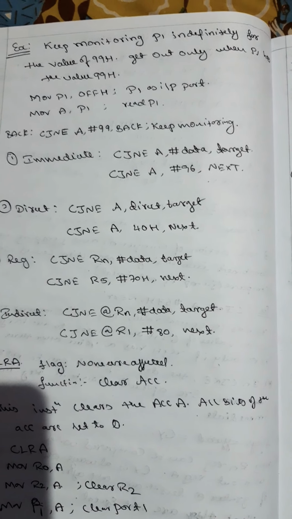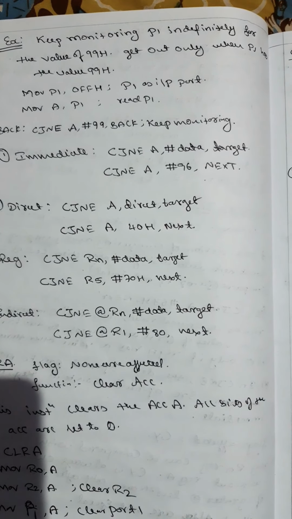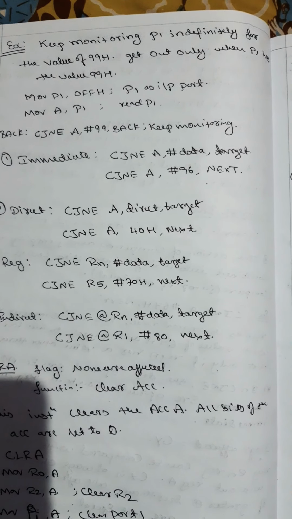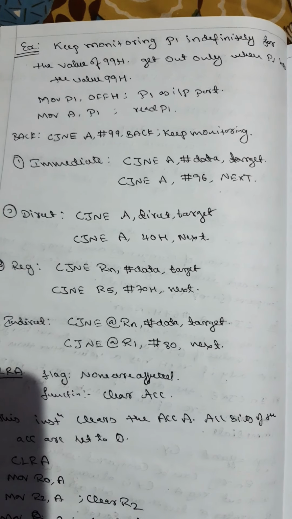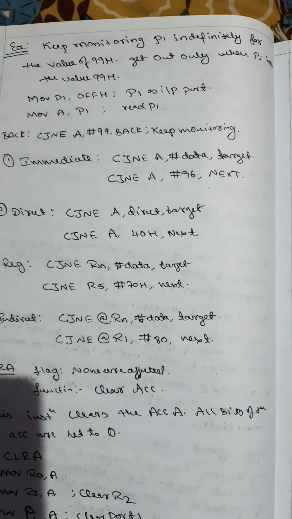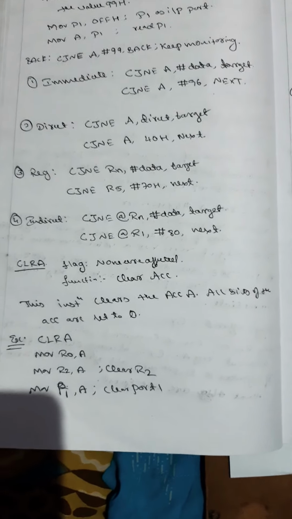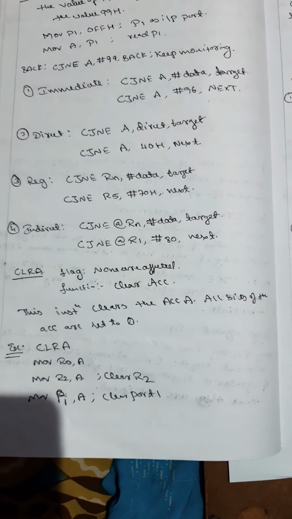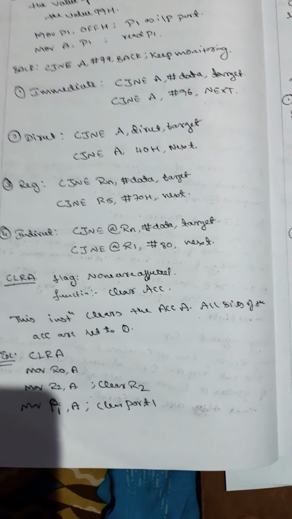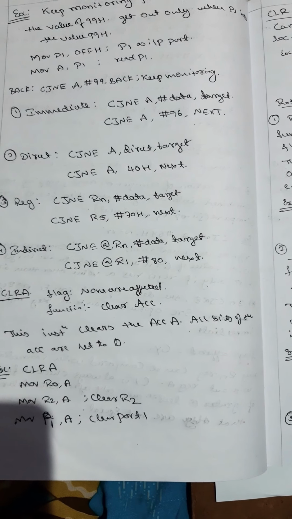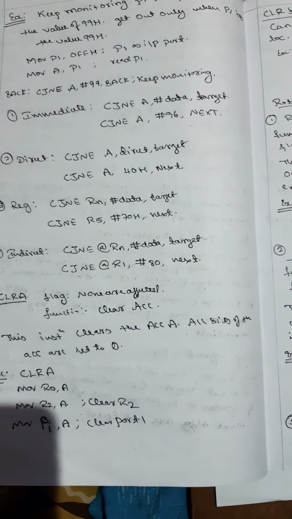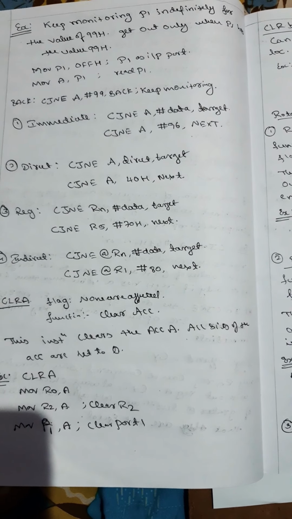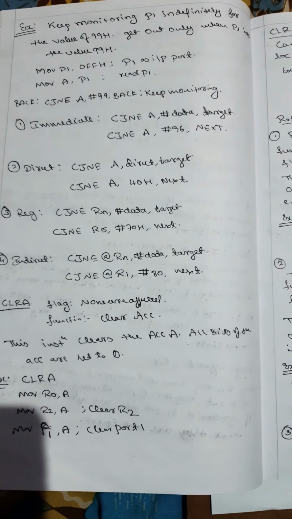Now the accumulator is filled with FFH, so it compares the accumulator, and the loop will keep on monitoring. So these are the kinds of addressing modes in which the CJNE instruction works, that is keeping the accumulator as destination, register as destination, and indirect addressing as destination.